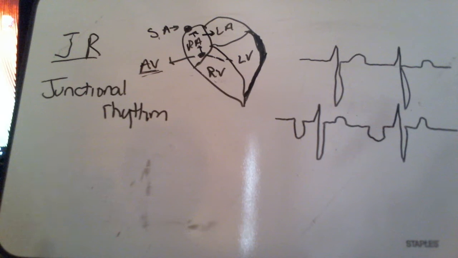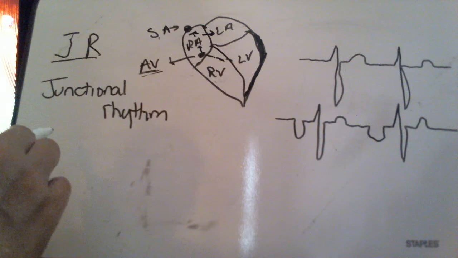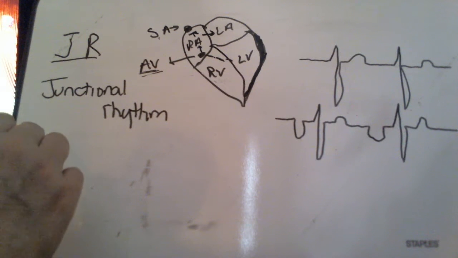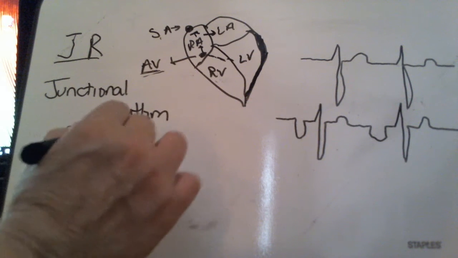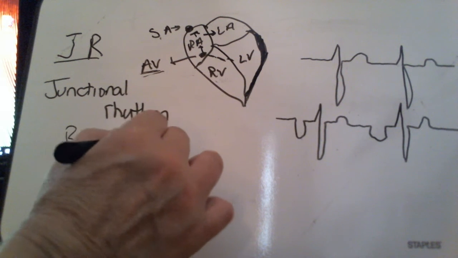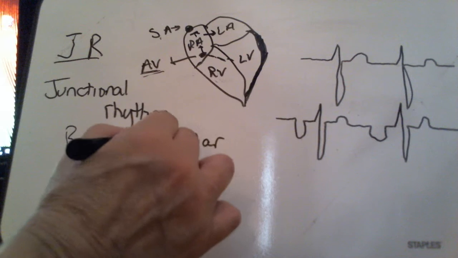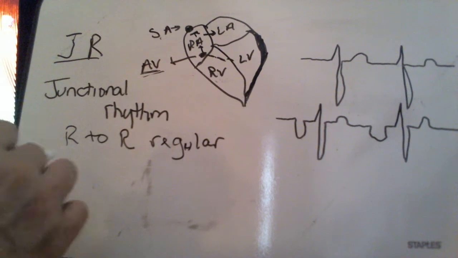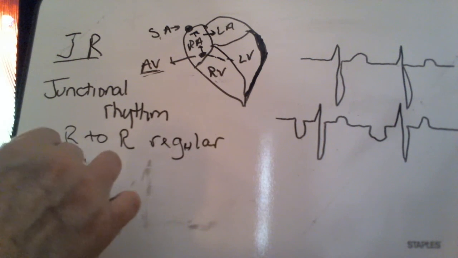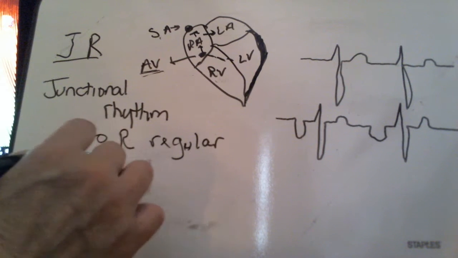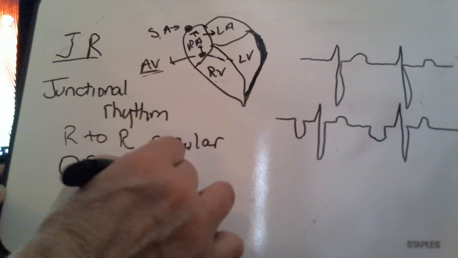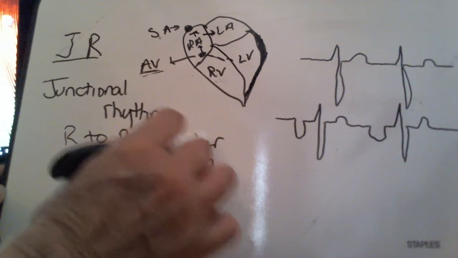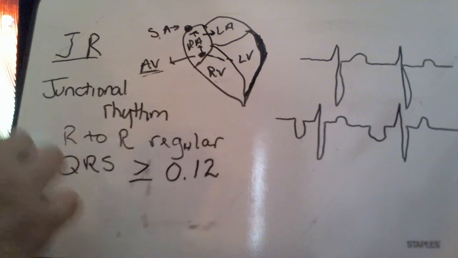Now, what are the rules of junctional rhythm? If you pull out your rule sheet, you will see that for a junctional rhythm, the R to R is regular because it's a regular rhythm. Your QRS is going to still be the same. It's going to be less than or equal to 0.12. That's because the rhythm's coming out of the atria.